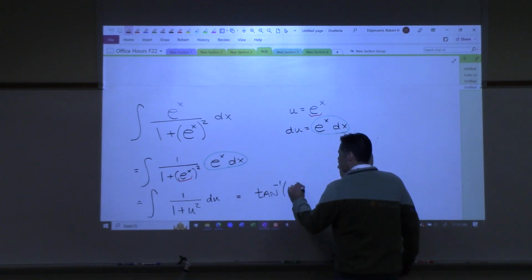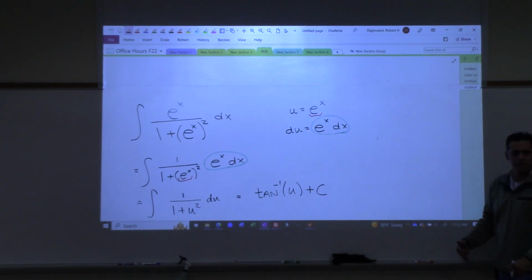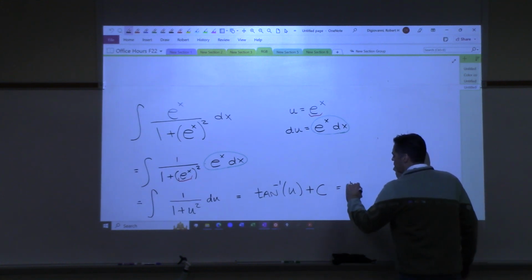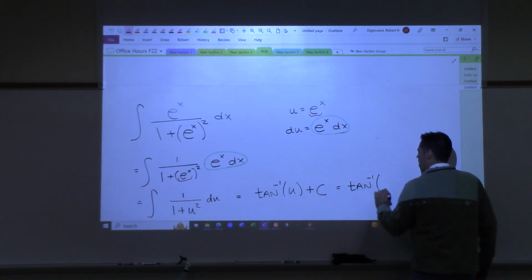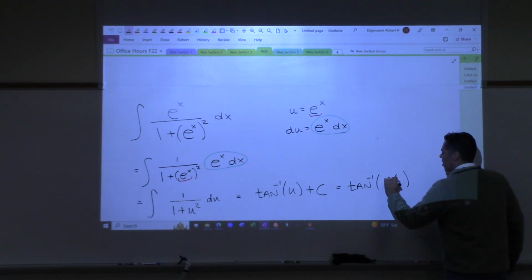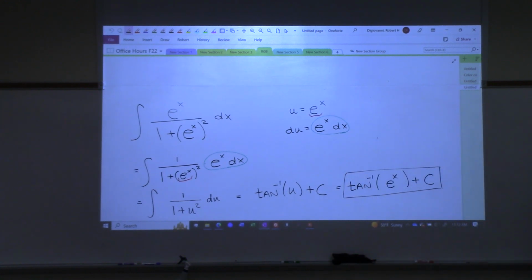U, right? Tangent inverse of u plus c, because we've actually found the antiderivative. And one more step, because we have u's in our answer, and we don't want u's, we want x's. What was u? E to the x, plus c. There we go. There's your antiderivative.